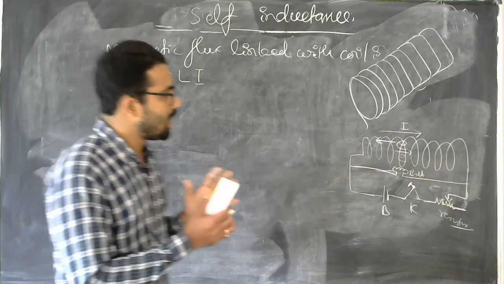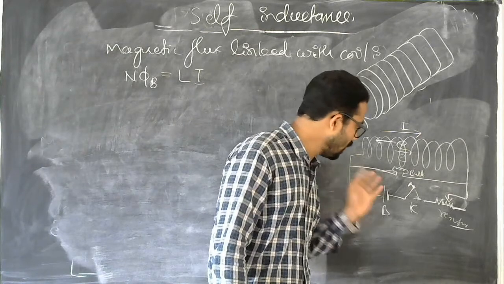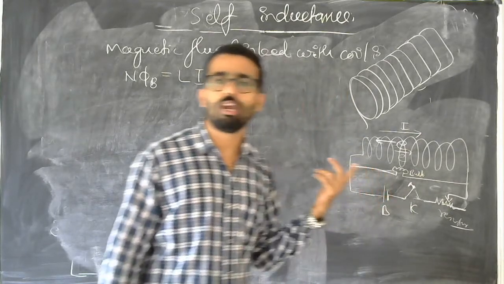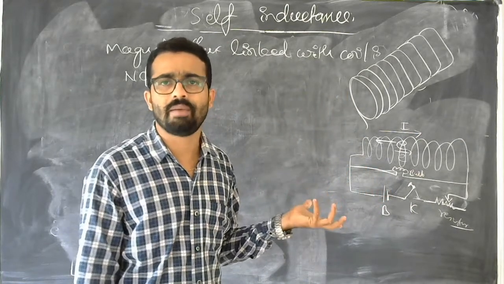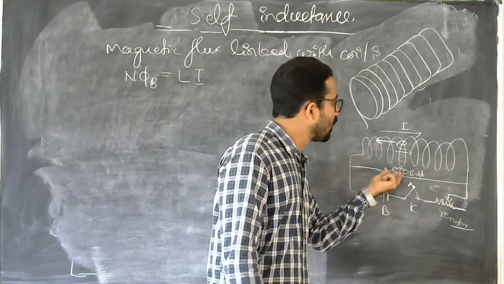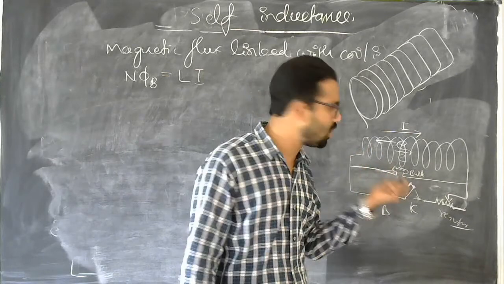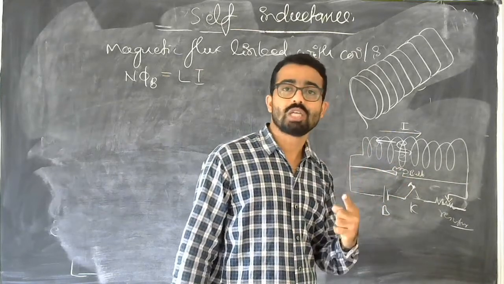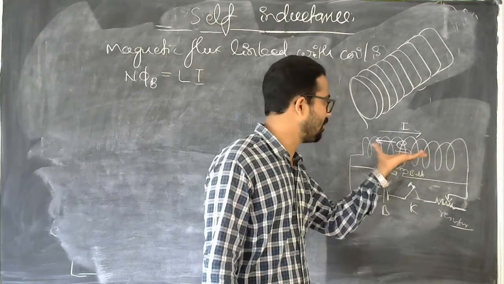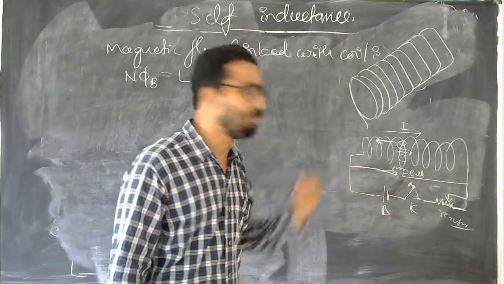Then one miracle is going to happen here. When you release the key, the bulb should not glow because there is no current. But for a short time, it will glow very brightly. You can see a bright glow in the bulb because the EMF, voltage or potential developed in this coil gives some current to glow the bulb.